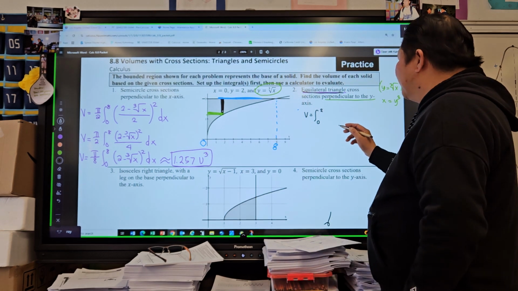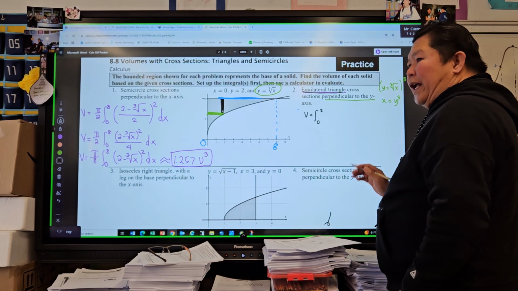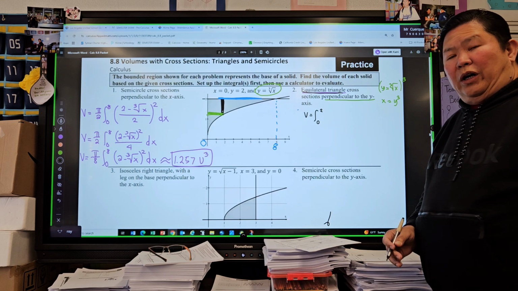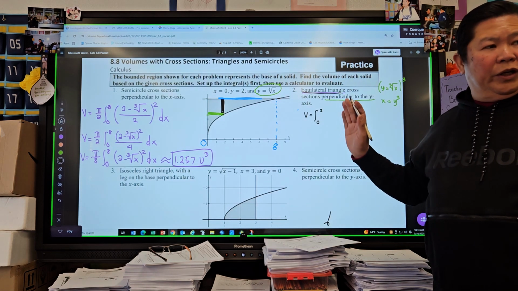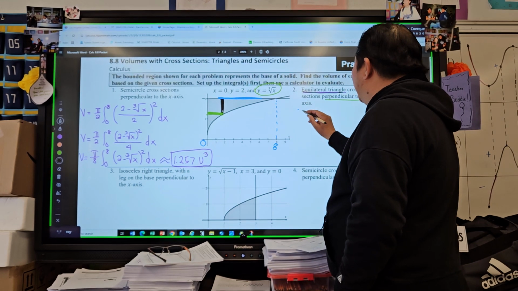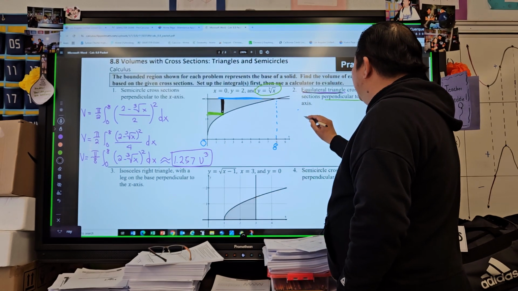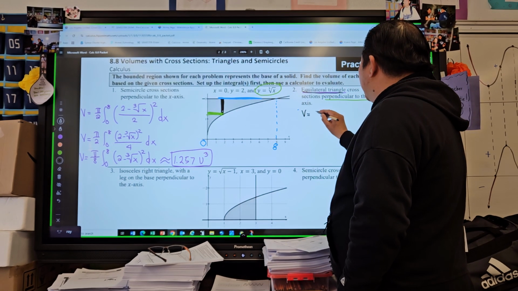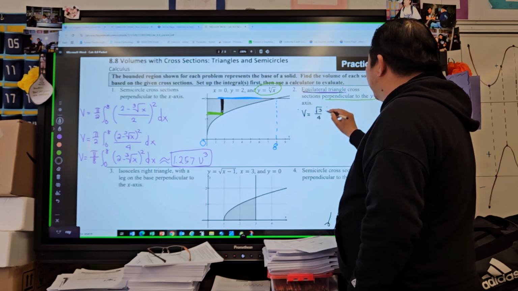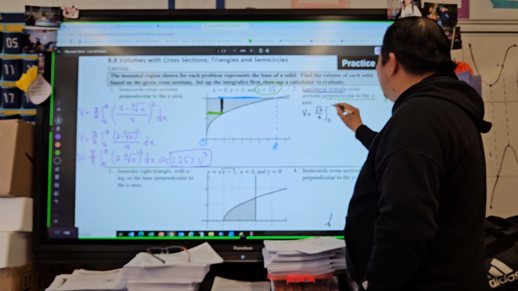So that means, can I just write first the square root of 3 over 4 before the integral sign? Okay, I'll change first. So we have volume is equal to square root of 3 over 4, the integral from 0 to 2.